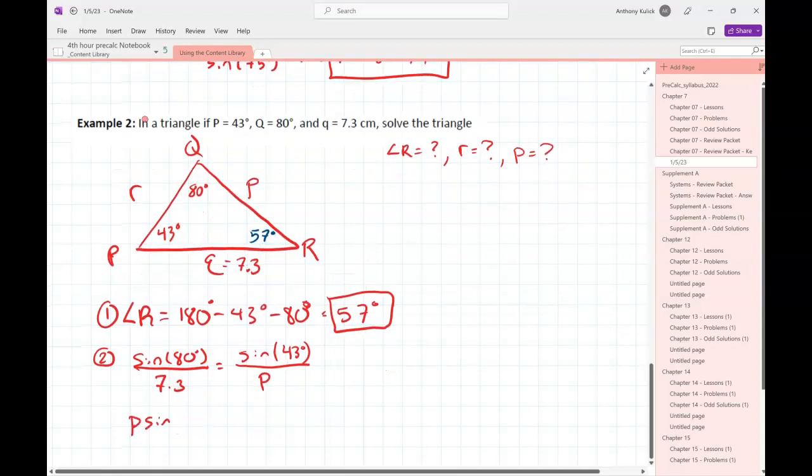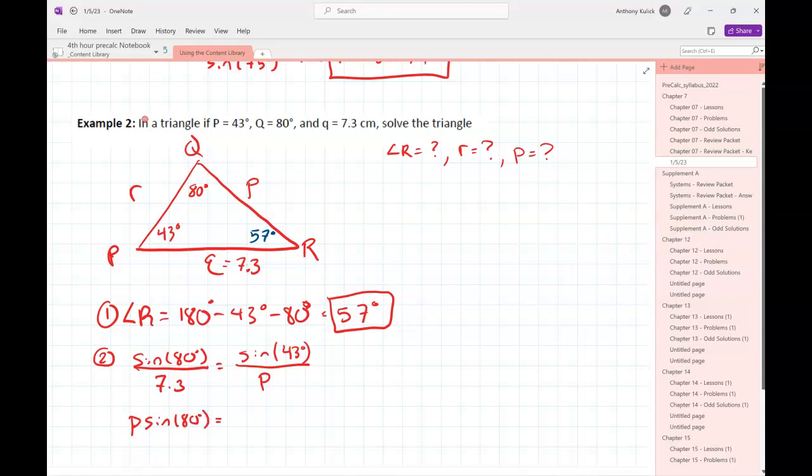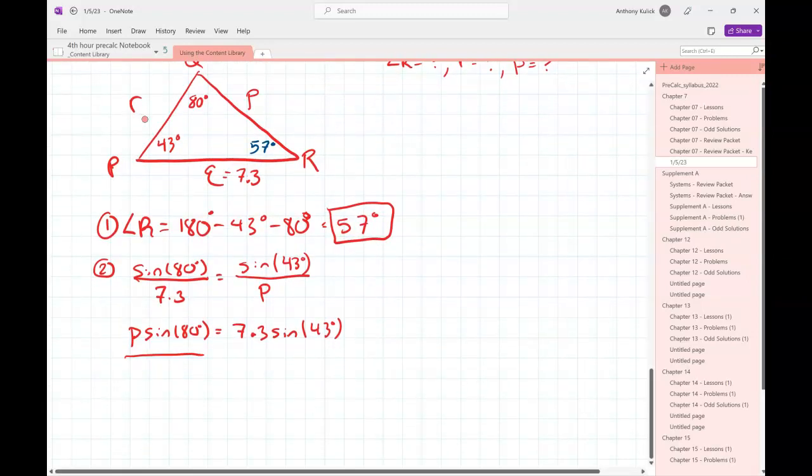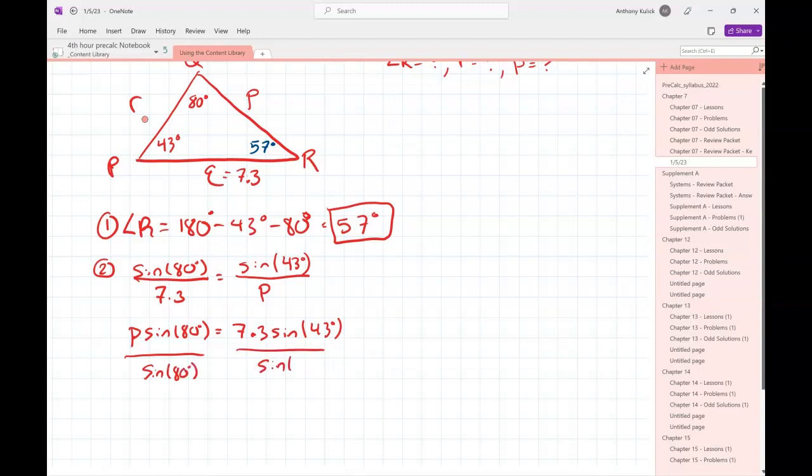So again, we'll cross multiply. And then we'll divide to get the P by itself. So divide both sides by sine 80. And then it's calculator time.